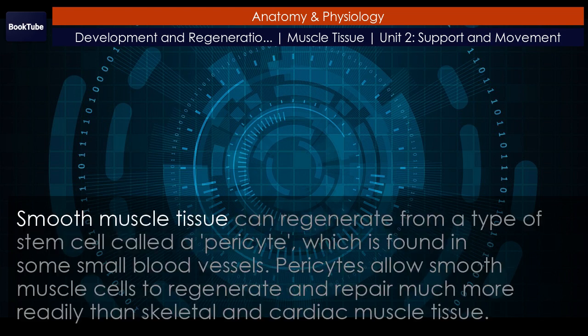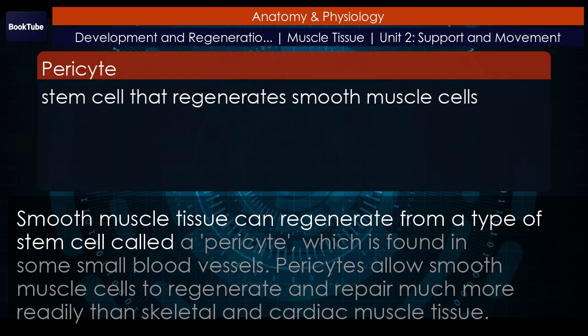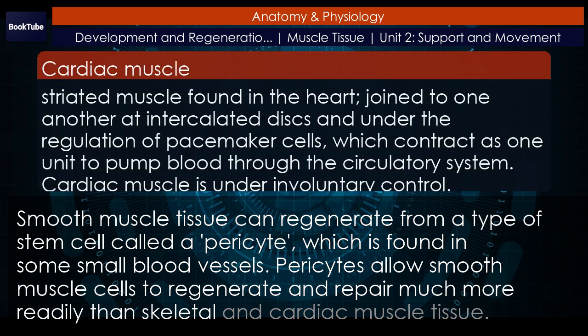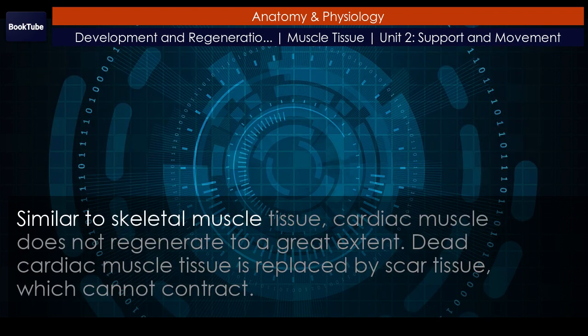Smooth muscle tissue can regenerate from a type of stem cell called a pericyte, which is found in some small blood vessels. Pericytes allow smooth muscle cells to regenerate and repair much more readily than skeletal and cardiac muscle tissue. Similar to skeletal muscle tissue, cardiac muscle does not regenerate to a great extent.